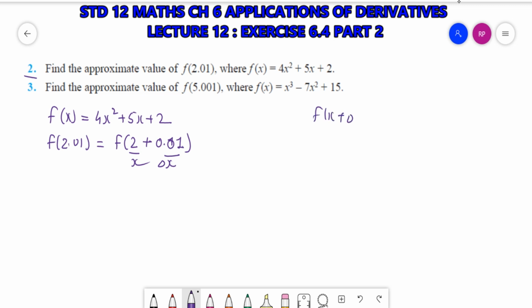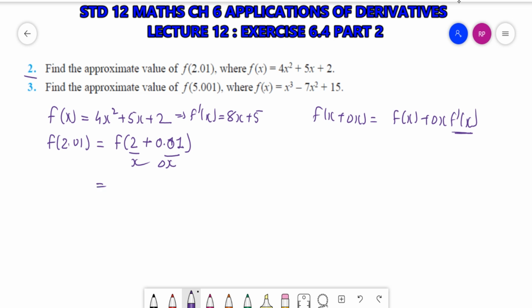f of x plus delta x is equal to f(x) plus delta x into f dash x. So we need to find out f dash x. Here f dash x will be equal to 8x plus 5.